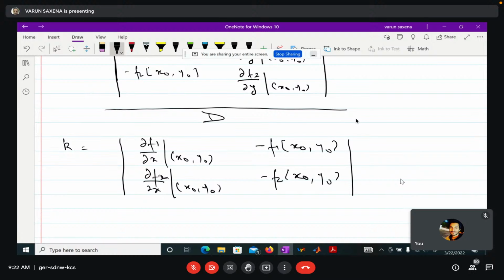This, and then you have this, right? Now D is the determinant.